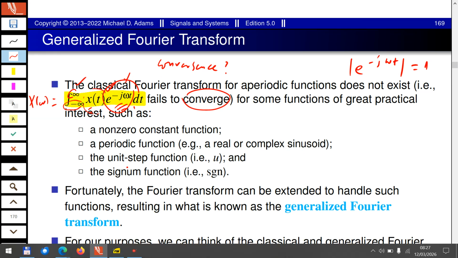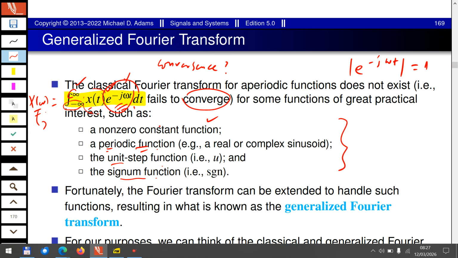And that is why if you try this integral for constant functions or for periodic functions, although this idea was developed for aperiodic functions, or for the unit step, or for the signum function, in all these cases, it will not converge, right?